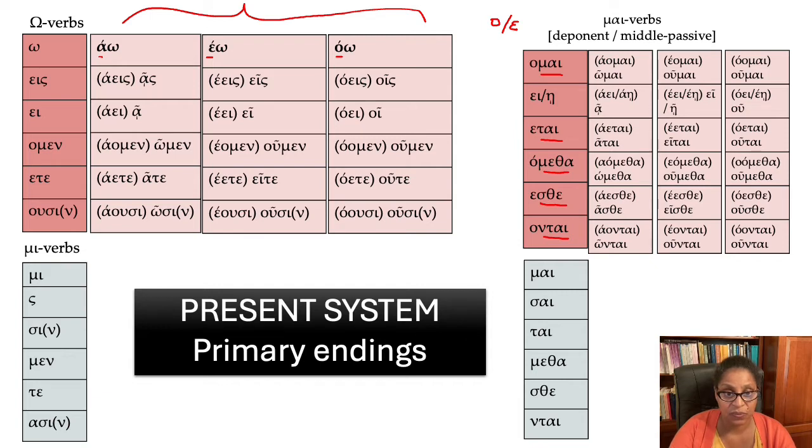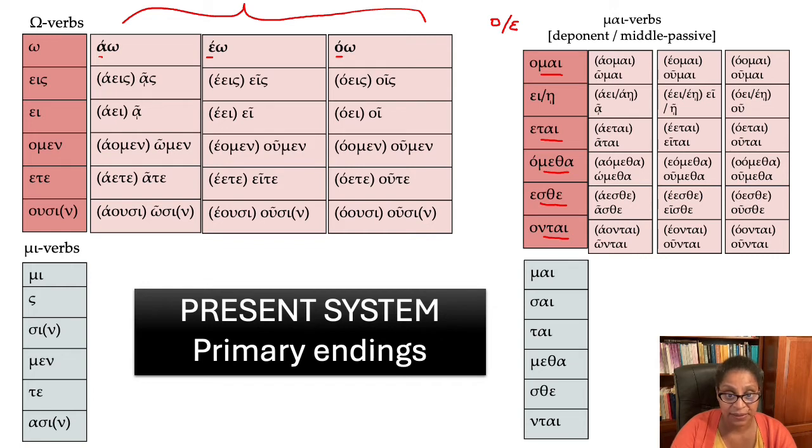So what differs between the middle passive or deponent verbs that are mi, that come out of this mi conjugation, is this question of whether there's a vowel. Omicron is not omai, it's whatever the stem vowel is. So you don't get omai, you don't get etai, you don't get ometha, you don't get estha, you don't get ontai.